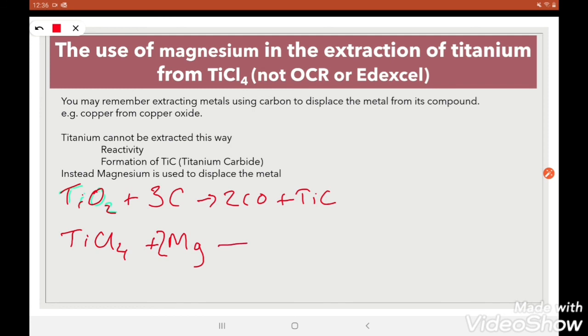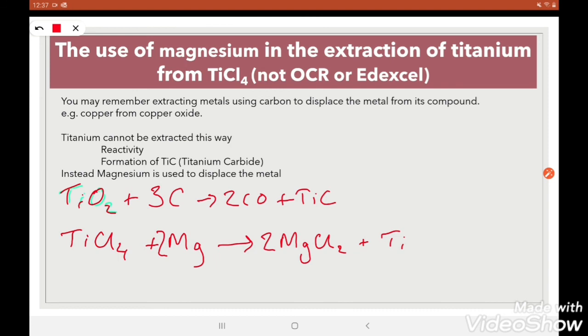So our magnesium, we need a couple of these. In the old days, you'd probably call this a displacement reaction. Think about GCSEs: we would be displacing the titanium from this titanium chloride compound to form magnesium chloride and our titanium metal. Now this titanium metal that we form here is not necessarily great, but they can purify it afterwards.